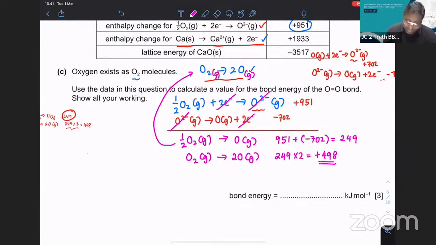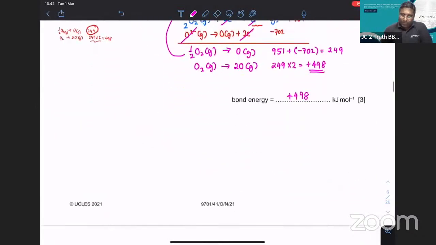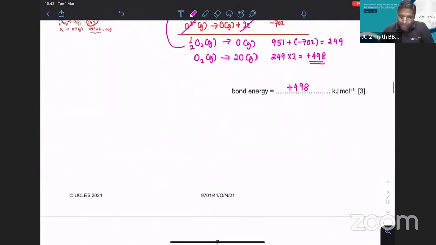This positive 498 is actually the bond that is broken between oxygen and oxygen, which is the bond energy that we are looking for: positive 498 kilojoules per mole. Now, let's move on. Make sure it's positive.